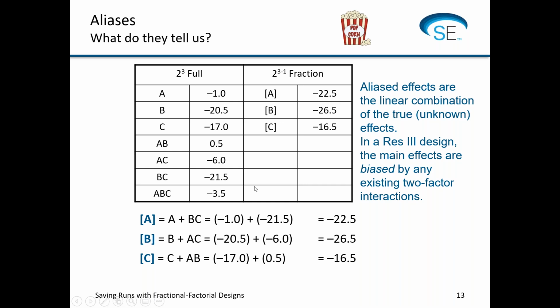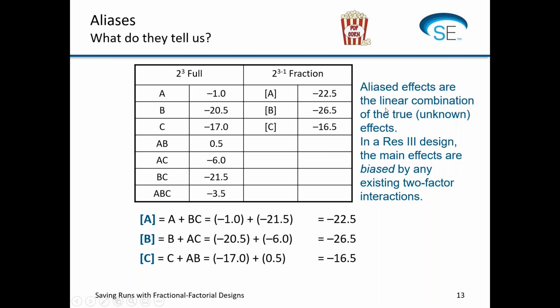Where does that come from? Well, the real effect of A was a -1 in the full 8-run design, and the real effect of BC was a minus 21.5. So when we alias those with each other, we take the columns and they are added to each other. So you have a -1 and a minus 21.5 combined together. The total effect is minus 22.5.